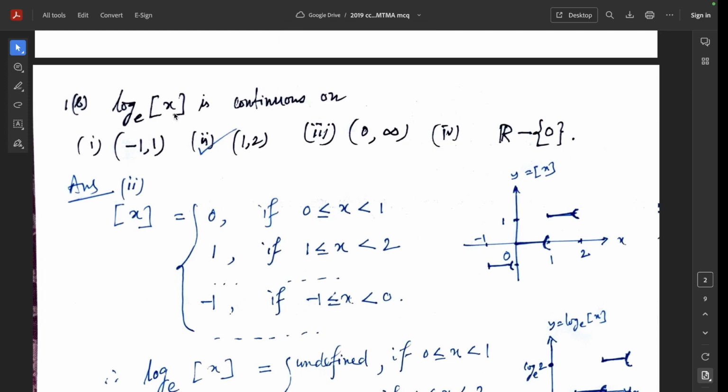Actually, this box x means the floor of x.